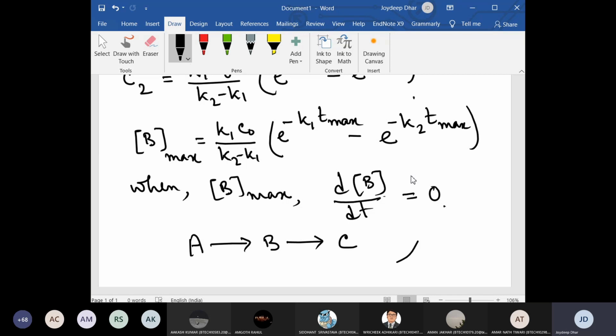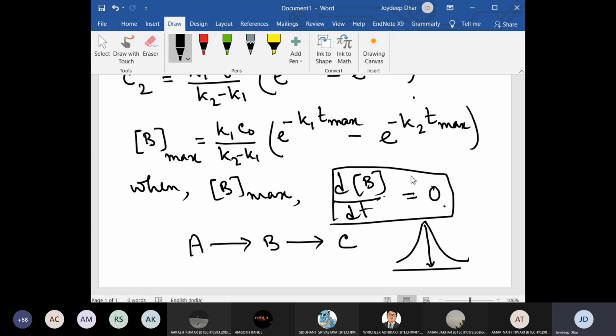So B is forming and B is converting into C. So its concentration is rising and concentration of B is consumed by forming C. So when their rates are equal, I can have maximum amount of B. At that particular time its concentration is not changing, it is constant, and I can say the first derivative of concentration of B with respect to time is equal to 0 because it has reached the maxima.